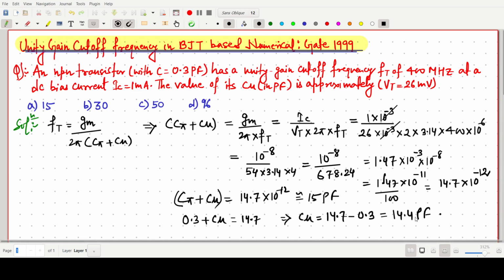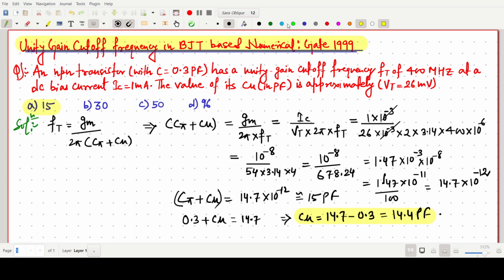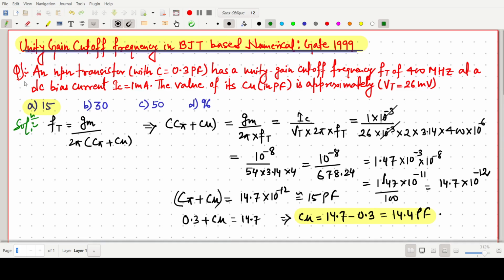So the C mu value will be more or less 14.4 picofarad. Seeing the answer options, 15 picofarad will be the correct answer. Even if you consider this as C pi, we still get about 14.4 picofarad, so it is nearby. So this should be our 15 picofarad.